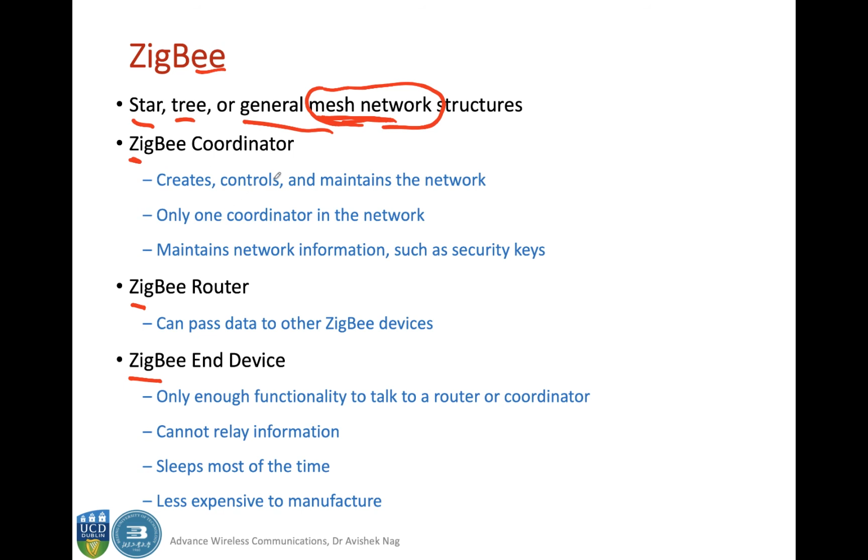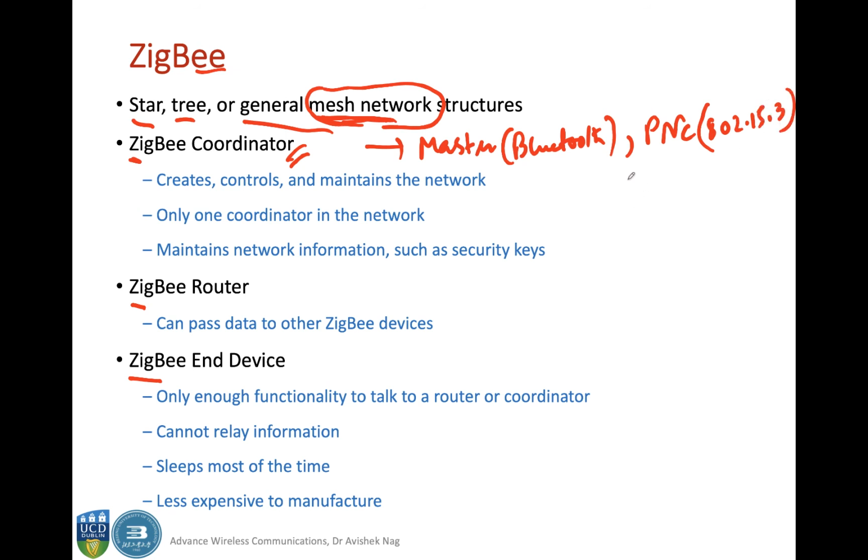The ZigBee coordinator is basically the main device, similar to, let's say, the master in the case of Bluetooth, or the Piconet coordinator, PNC, in the case of 802.15.3, or the control module in the case of Wi-Fi.